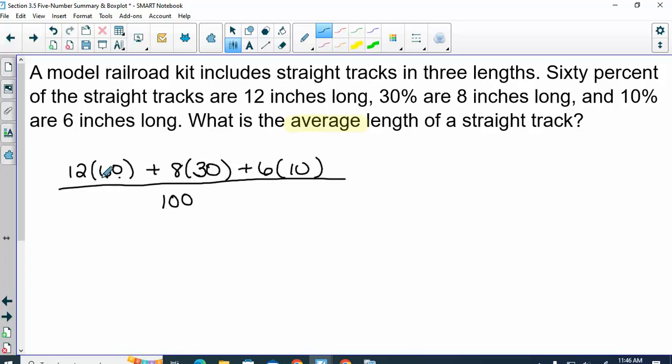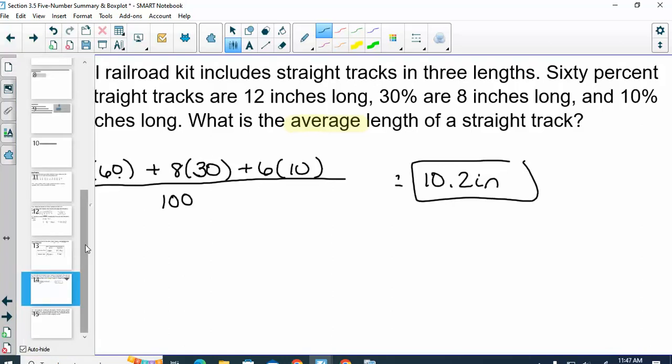If you had done 0.6, 0.3, and 0.1, you would just be dividing by 1 here. So whether you convert it to percents or not, we get an average length of 10.2 inches. Is that okay? Yeah. Alright.